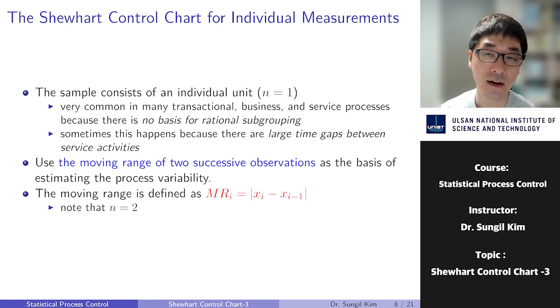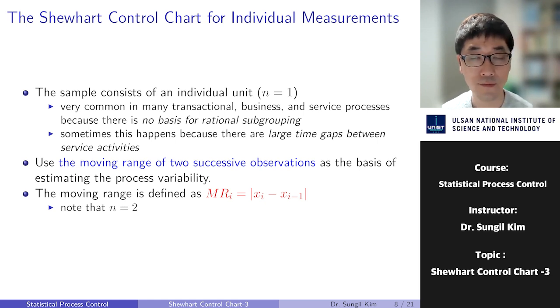The key idea is to use the moving range of two successive observations as the basis of estimating the process variability. Let's define MR by the difference between successive observations. Then we can get subgroups that consist of MRs, each of which has 2 observations.